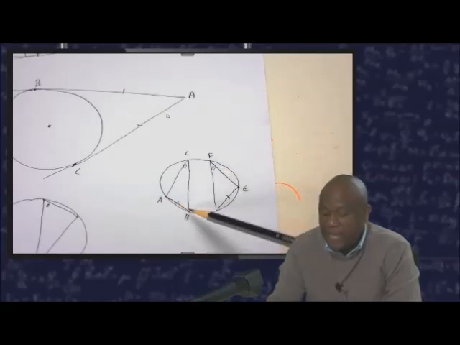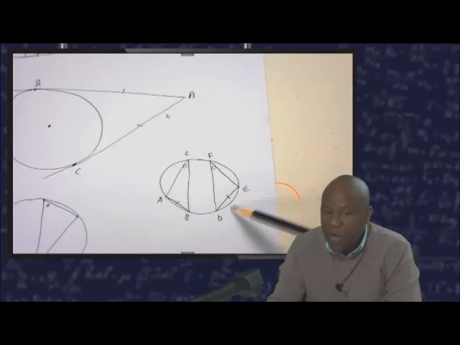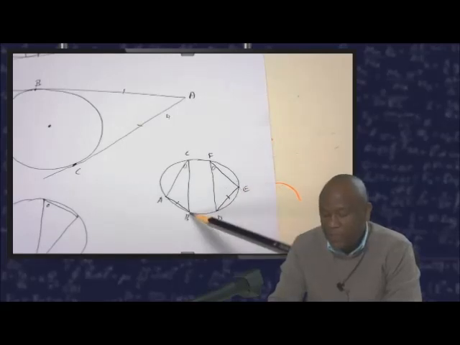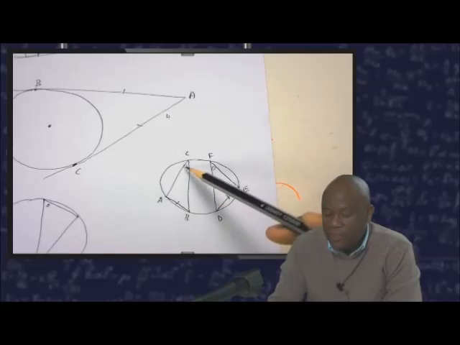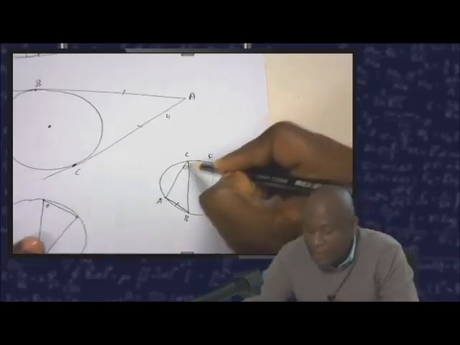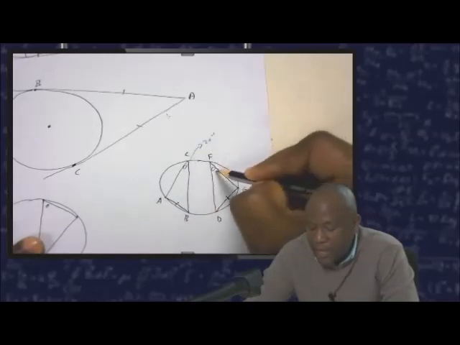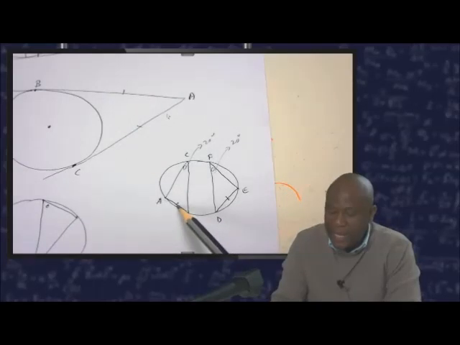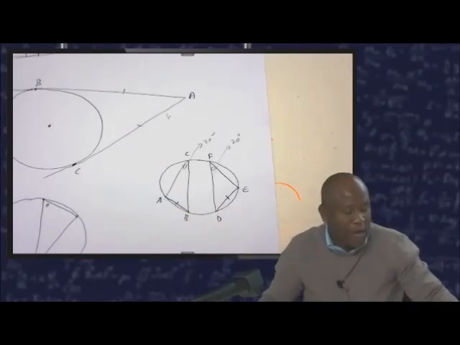Chord DE is equal to chord AB. The chords are of the same length, as indicated. It means these two angles will also be equal in size. If angle C is 20 degrees, angle F will also be 20 degrees. Why? Because they are subtended by equal chords.